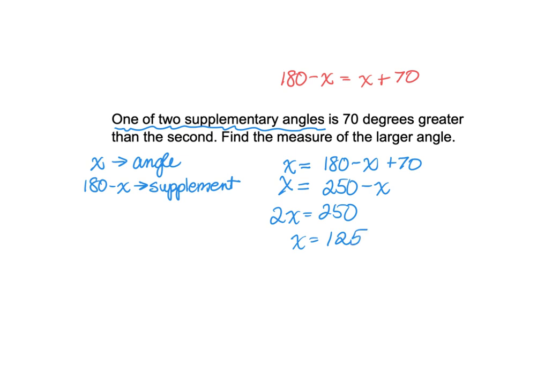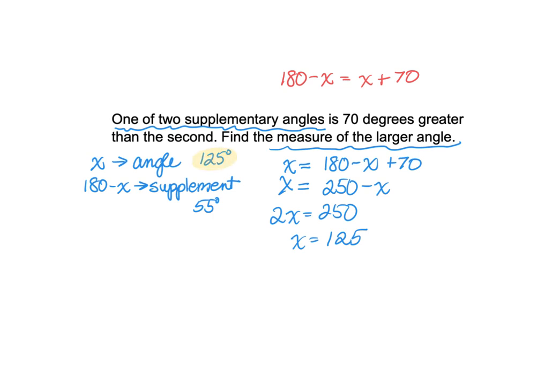So that means my first angle is 125 degrees, and my second angle is 180 minus 125, which would give me 55 degrees. Find the measure of the larger angle. So the measure of the larger angle is 125.